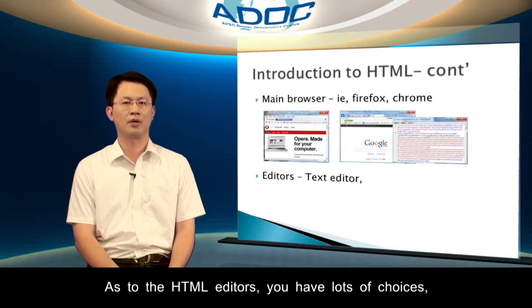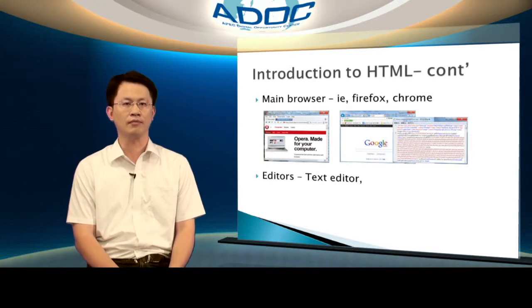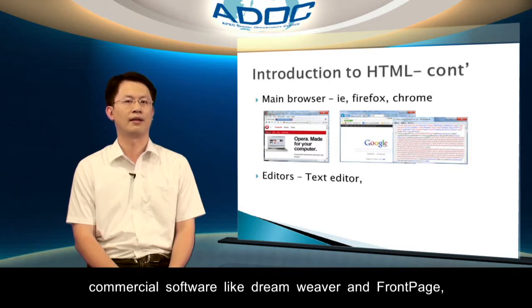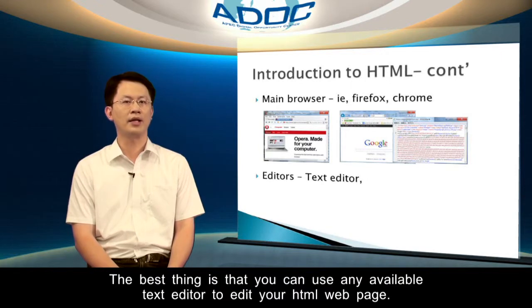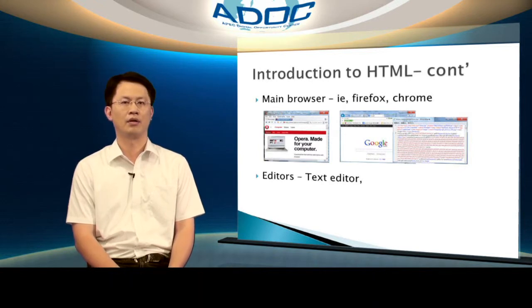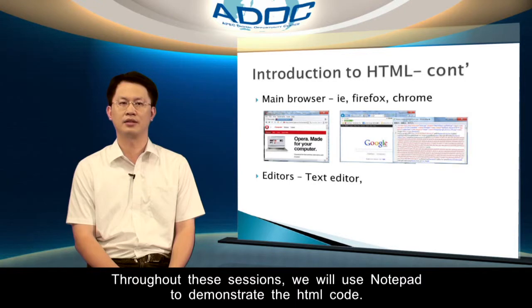As to the HTML editors, you have lots of choices: commercial software like Dreamweaver and FrontPage, freeware like NetBeans, Coffee Cup. The best thing is that you can use any available text editor to edit your HTML web page. Throughout these sections, we will use Notepad to demonstrate the HTML code.